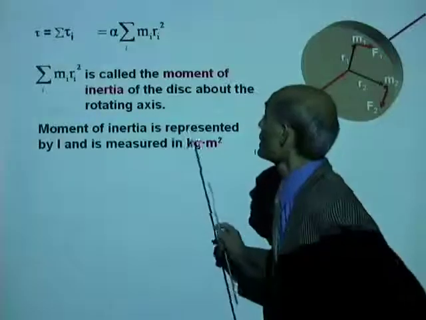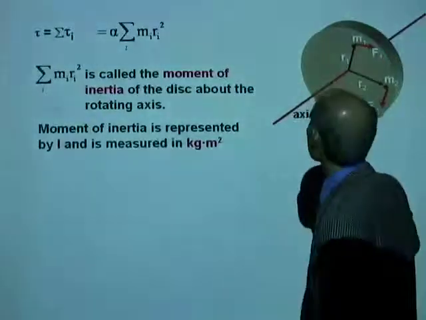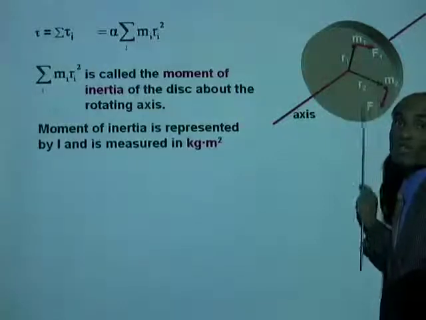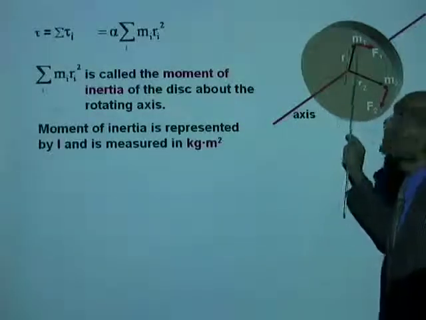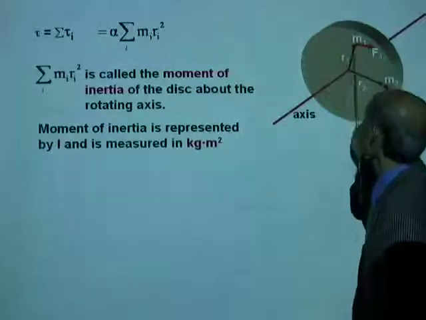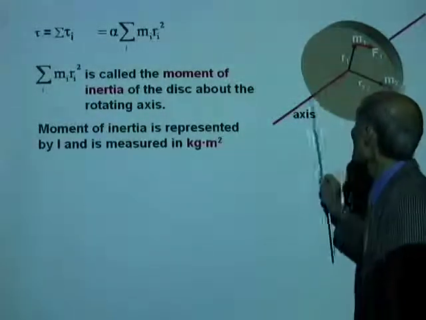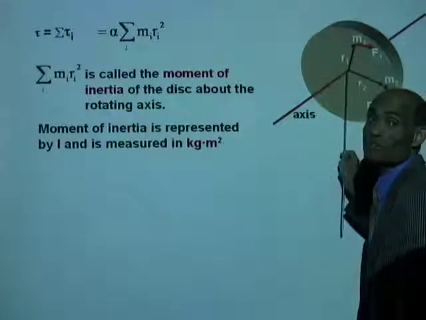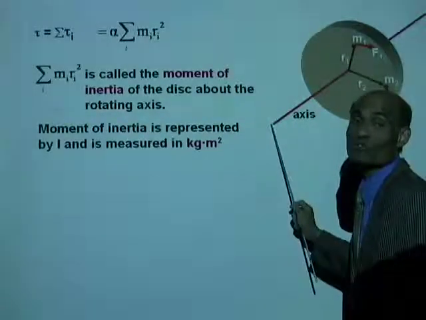So, if a point particle m1 is rotating about an axis, what is the moment of inertia of this particle about that axis?